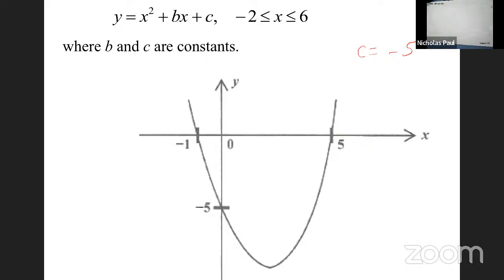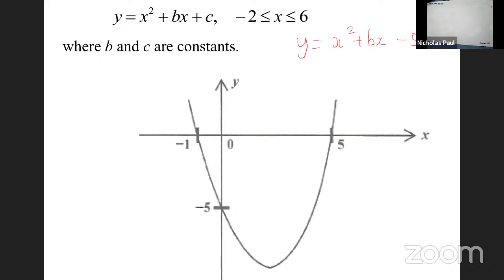Can we use B as -4 and he solved it and he got -1 and 5. We use B as -4 to find the roots. That can work. Right, but what they really wanted is this. We know y is equal to x squared plus bx minus 5, right?